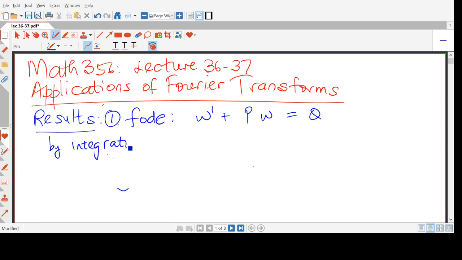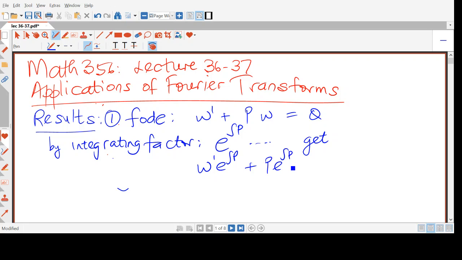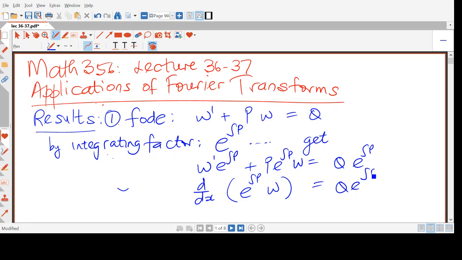So if you multiply throughout by the integrating factor, which is e to the integral of p, then you'll get w dash e to the integral of p plus p e to the integral of p w equals q e to the integral of p. In other words, here you get d dx of e to the integral of p w equals q e to the integral of p.